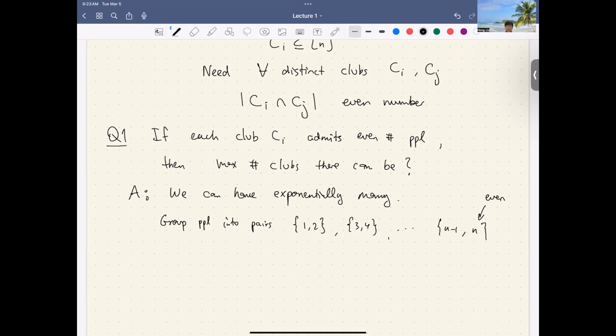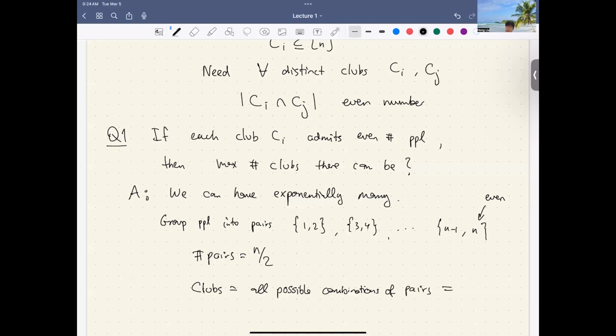Now, how many pairs do we have? The number of pairs is n over 2, right? Now, if you think of each pair as an element, you take all possible subsets of pairs, and they are different clubs. You can let the clubs be all possible combinations of pairs.